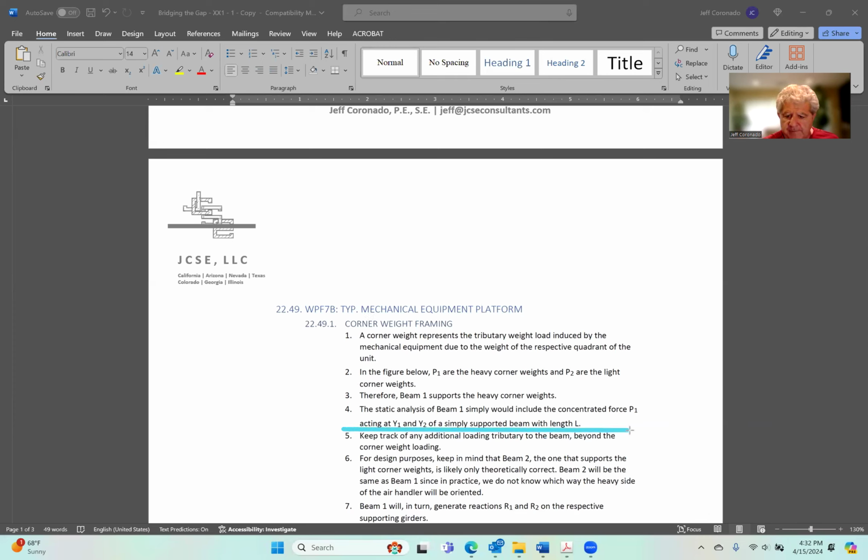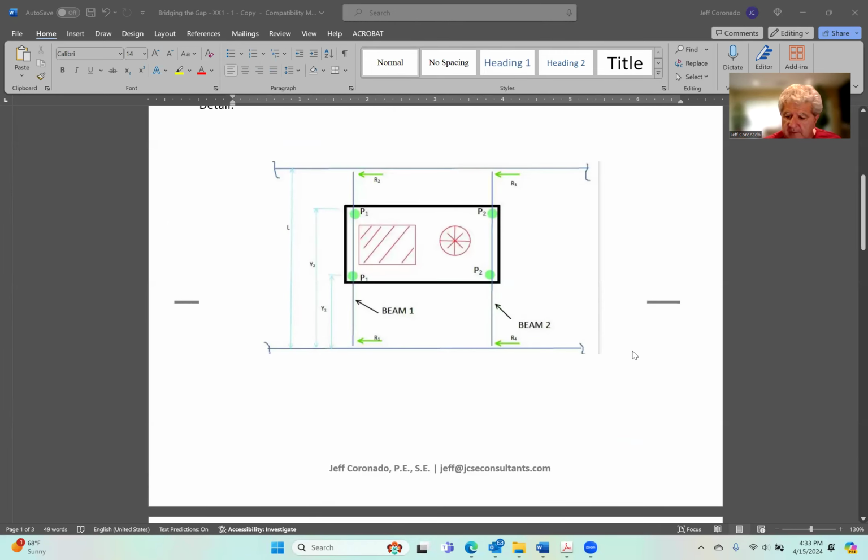All right, item 4 here. The static analysis of beam 1 simply includes the concentrated force P1 acting at Y1 and Y2. So if we go up to our diagram, let me zoom in a little bit more.